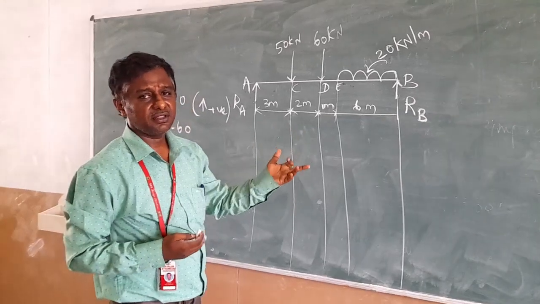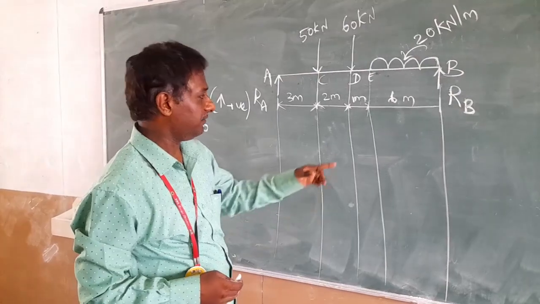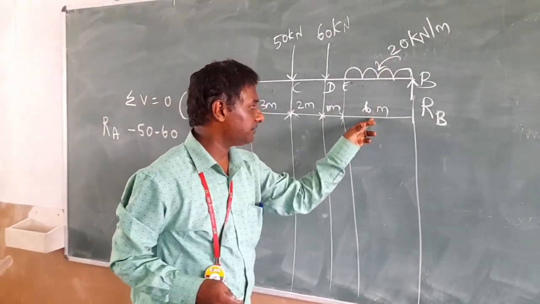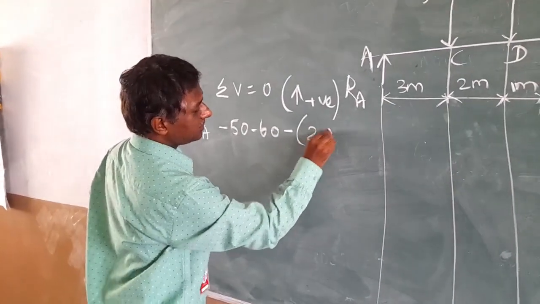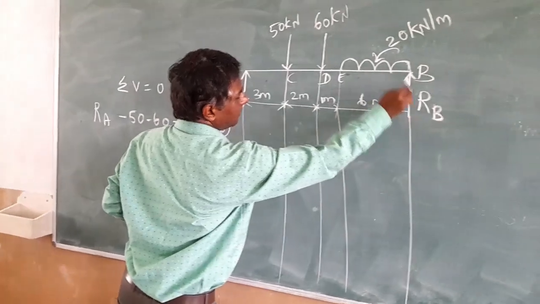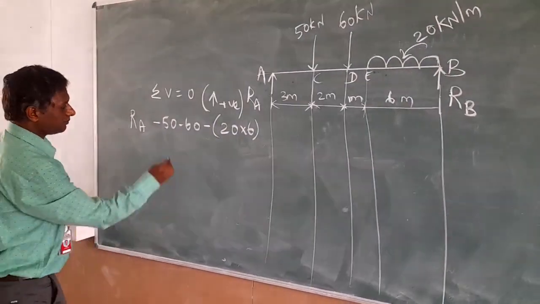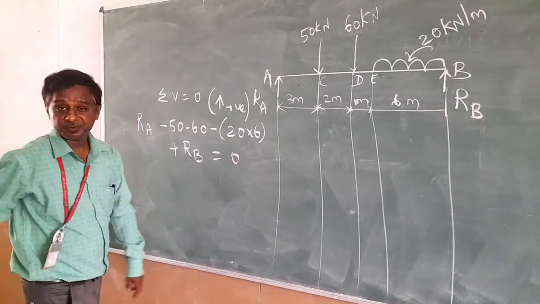So we have to convert it to a point load, as already discussed in the earlier videos. So 20 into 6 gives the point load, which is downward, and we have another support reaction RB which is upward, so that is equal to 0.